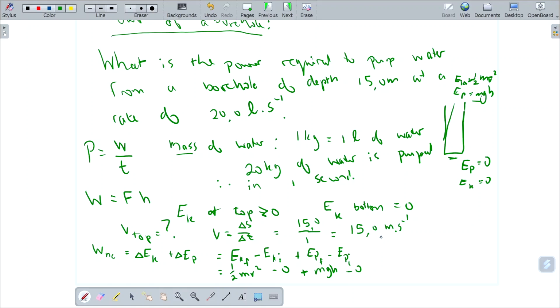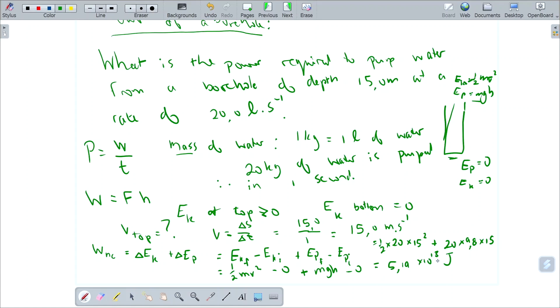Now, if we substitute these values in, this is equal to a half times the mass of the water, which is 20 kilograms, multiplied by the velocity of the water when it hits the top, 15 squared, plus the mass, which is 20, times 9.8 times the height of the well, which is 15, and that will give us a final answer of 5.19 times 10 to the 3 joules.